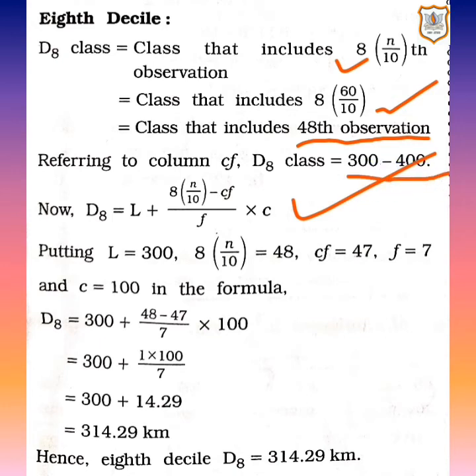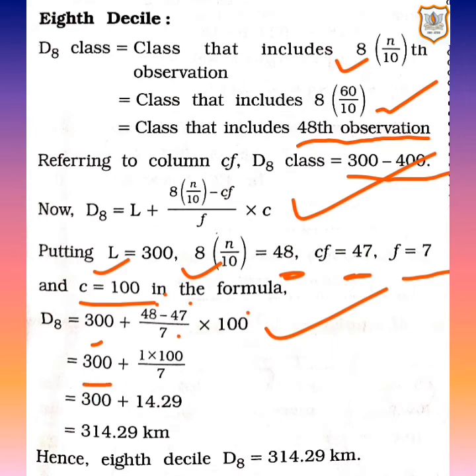So as per the class, your lower boundary point will be 300. 8n by 10 is your 48. CF we are going to take one class preceding, that is 47. Frequency in front of that class, that is 7. And C is 100. Now we are going to put the values in the formula. D8 is equals to 300 plus 48 minus 47 upon 7 into 100, that is class length.